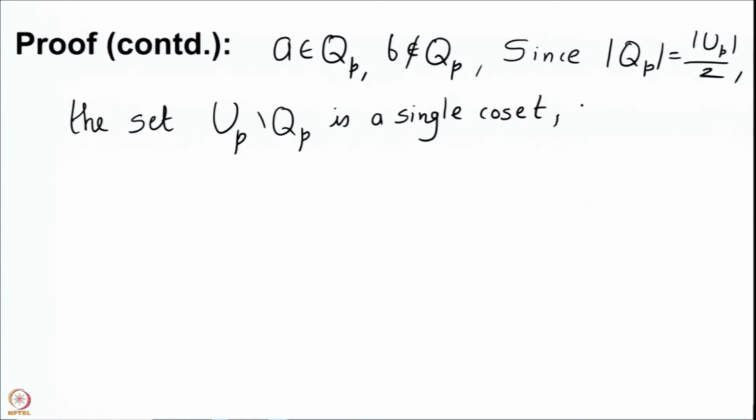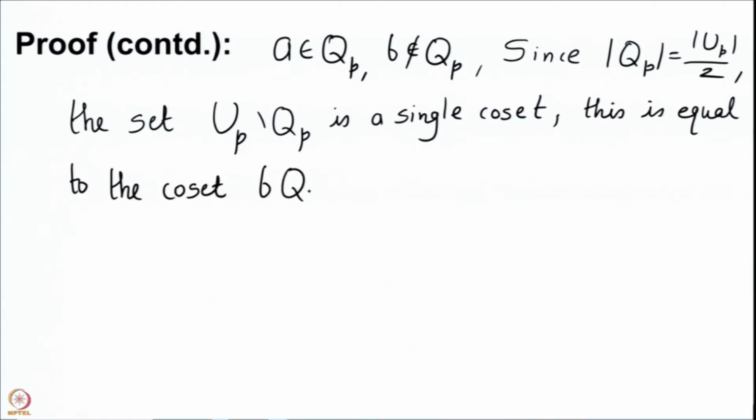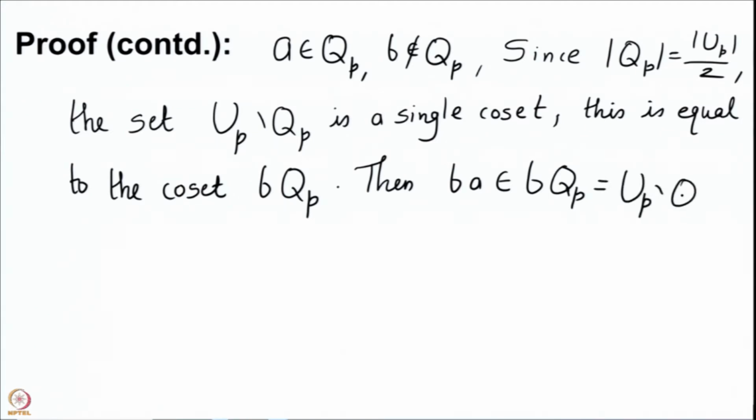And since B is not in QP, this is equal to the coset BQP. Now we have that A is in QP and then BA also belongs to the coset BQP, which is actually equal to UP minus QP.